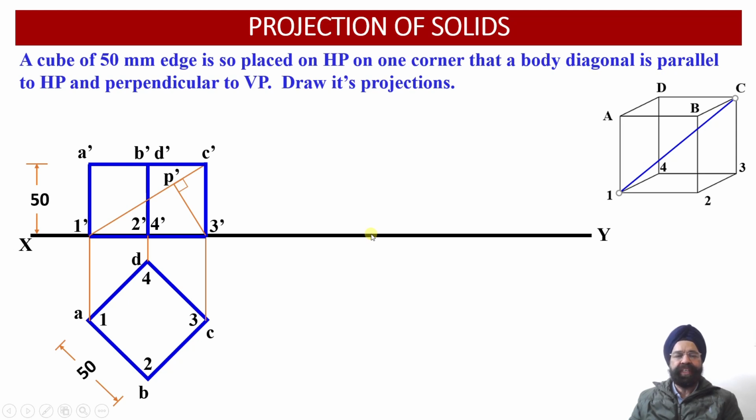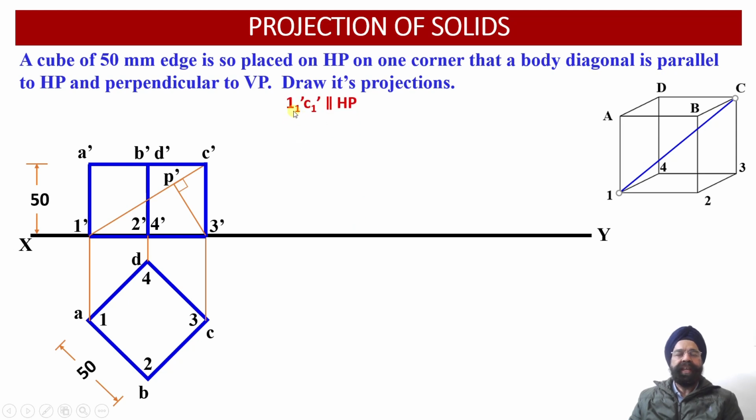Then from point 3 1 dash we will draw a vertical projector line, and thereafter 1 dash C dash will be drawn perpendicular to this line, which will be 3 1 dash and P1 dash, which we are going to draw over here.